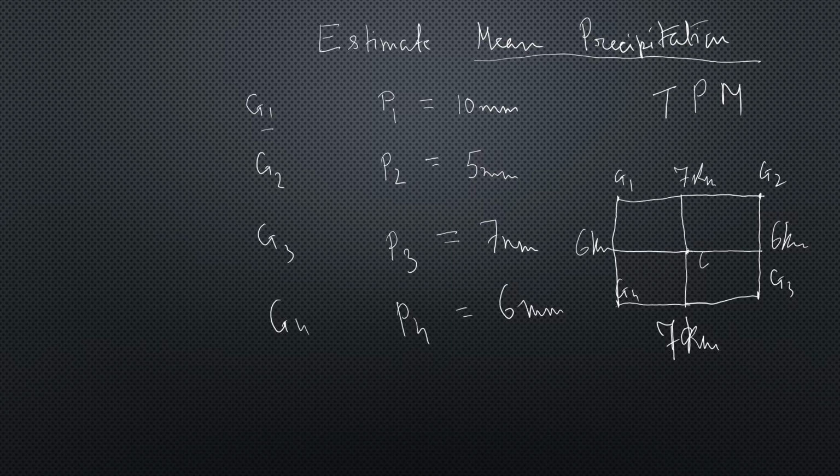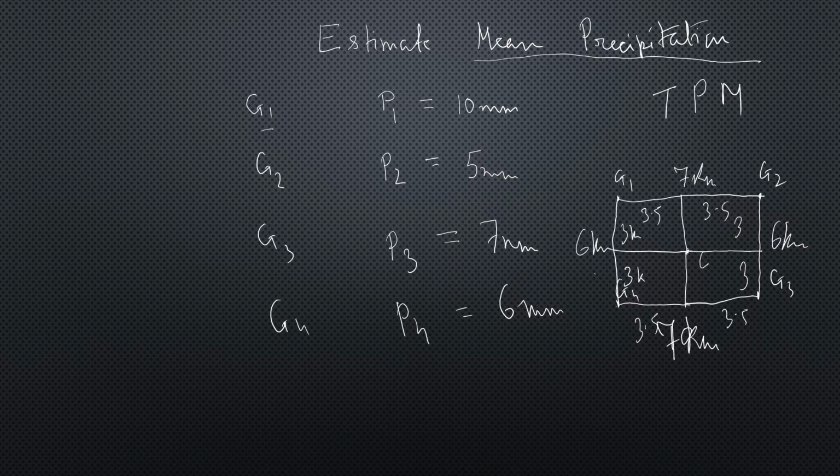So as this is a perpendicular bisector, this will be 3.5, this will be 3.5, because the total length is 7 km. For G2, G3, this will be 3, this will be 3. For G3, G4, this will be 3.5, this will be 3.5. And similarly, this will be 3 km, 3 km. Correct, as this is a perpendicular bisector.